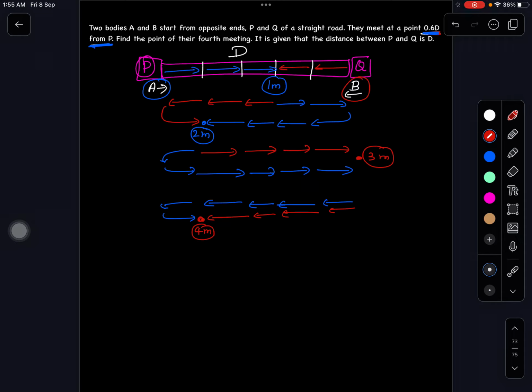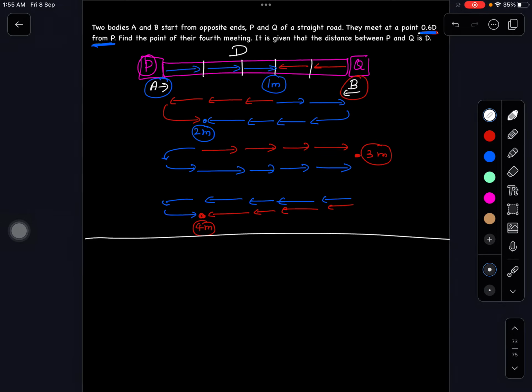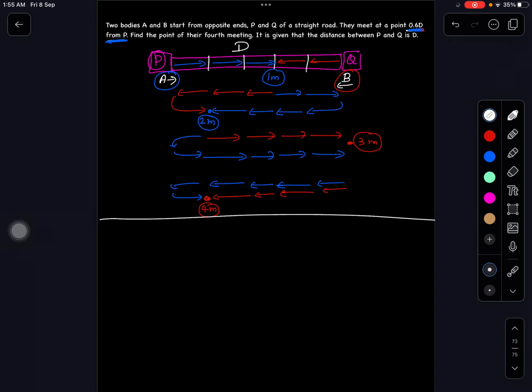But I don't think the manual approach is a good approach, because in this particular scenario they have just asked for the fourth meeting, so it's easy for us to do it. What if the question is slightly different, where the manual approach might take even more time? So we need a method. Let's say A has covered 0.6d distance and B has covered 0.4d distance.